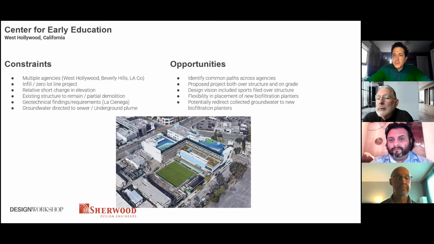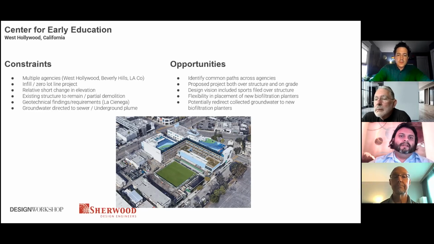And because we're partially demoing and building part of the school, it comes with a bit of flexibility in where we would be able to put biofiltration planters, and how we potentially can look at redirecting groundwater into some of those planters themselves as well.